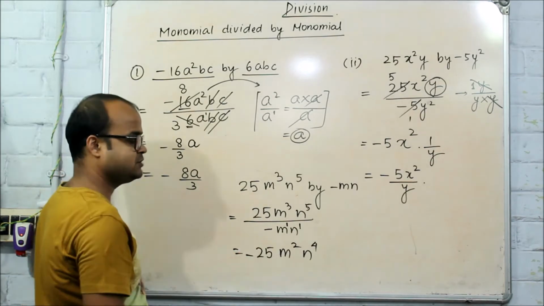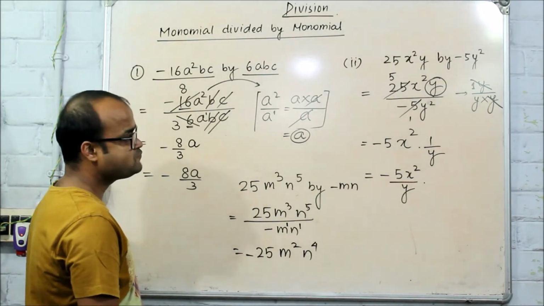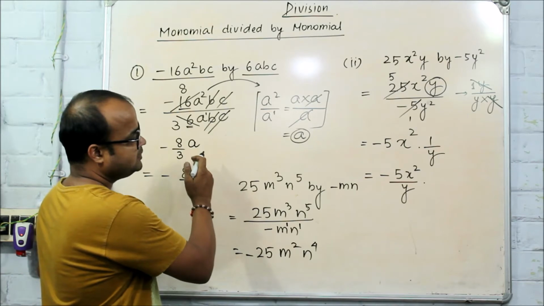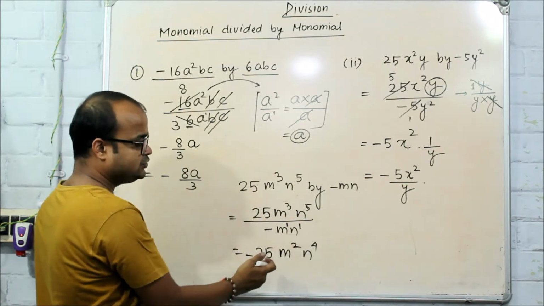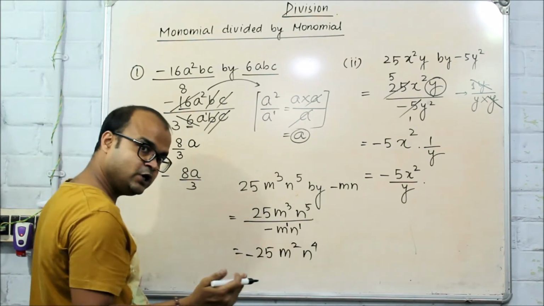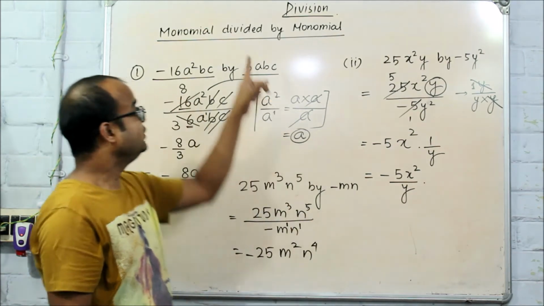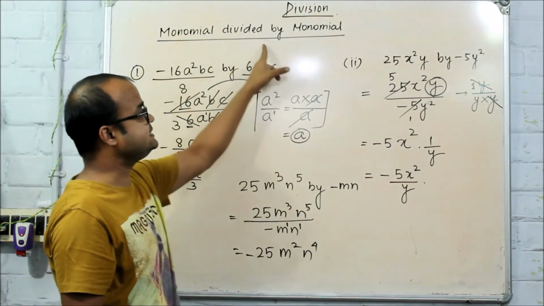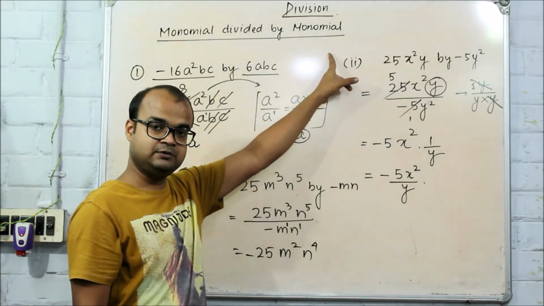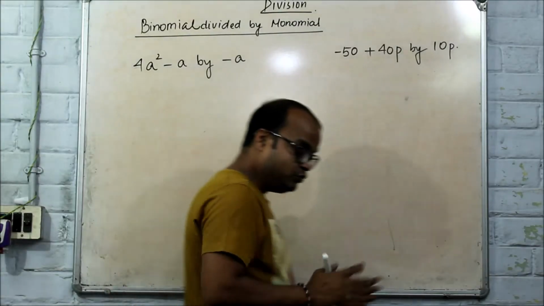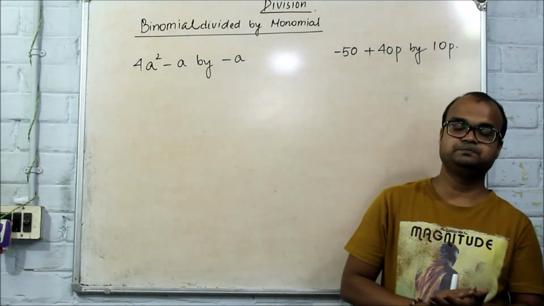You can do it in this way also. Clear? So I showed you two different ways to solve the problem. Whichever way you feel convenient, practice some sums where a monomial is divided by another monomial. Clear? Moving on to the next problem.